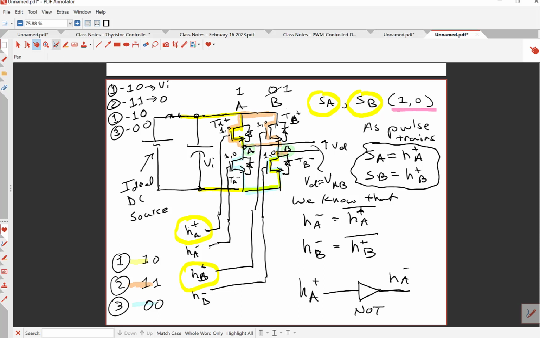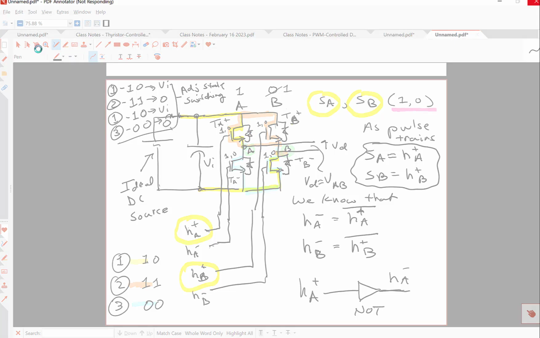So what this means is that to create 4 pulses per period, we've only switched each device one time per period. So that's called adjacent state switching.